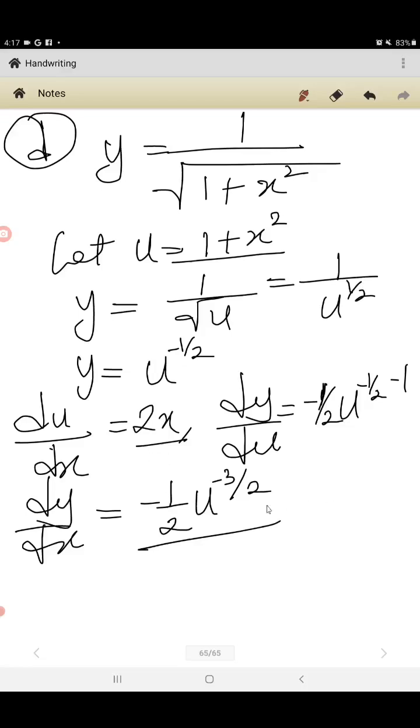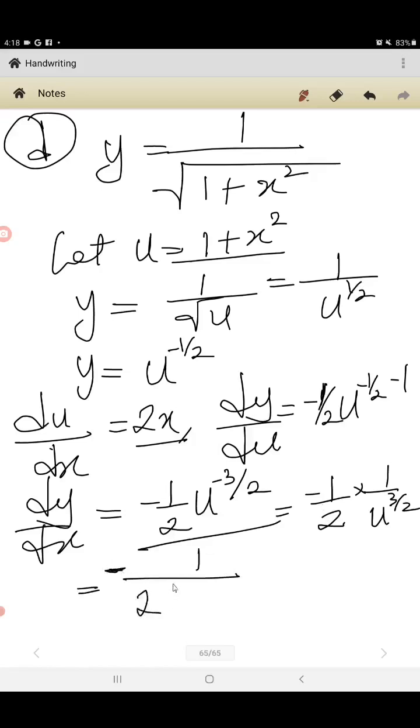Let's simplify this to the last stage to make it easy. This can also be written as minus 1 over 2 times 1 over u raised to power 3 over 2, which can also be written as minus 1 over 2 root u raised to power 3.